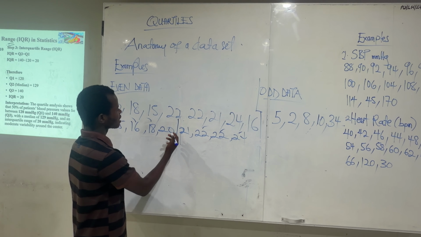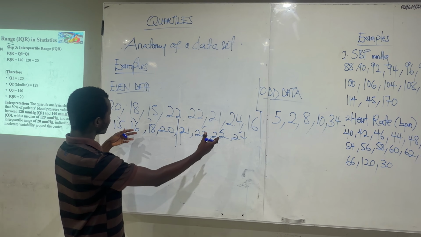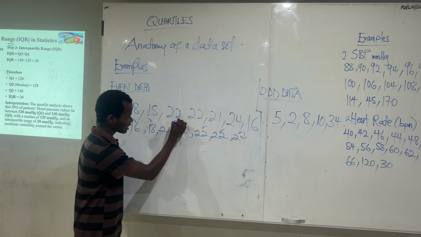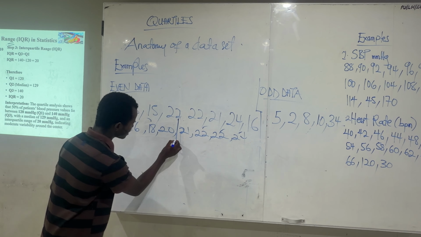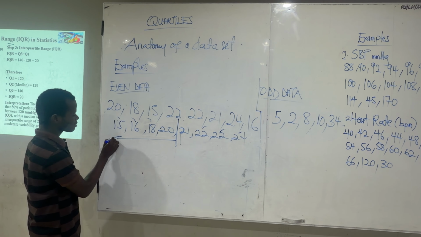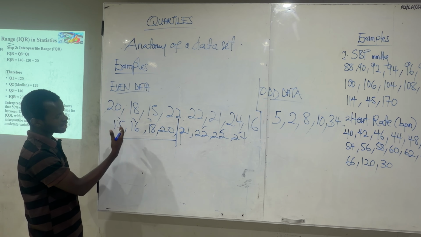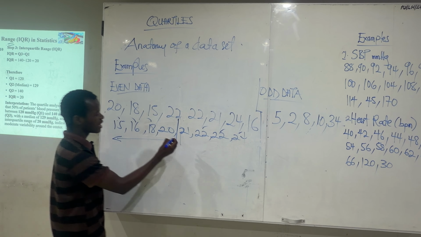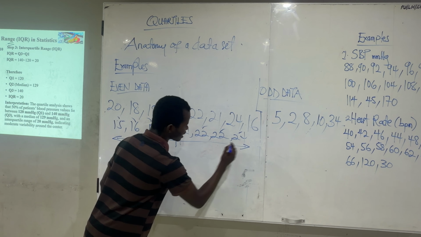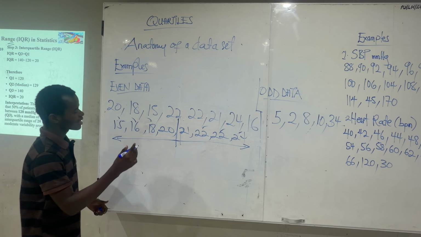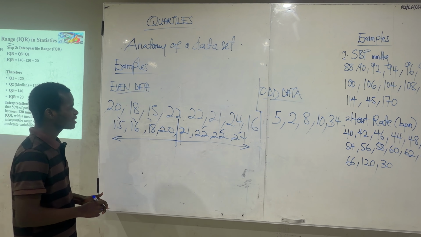So when you get the data set, you draw a middle line like this. Then from here to this side becomes the lower half or the first half, and from here to this side becomes the second half or the upper half.